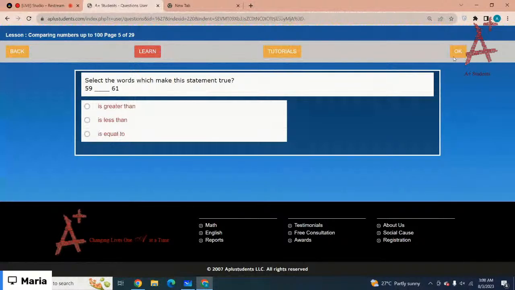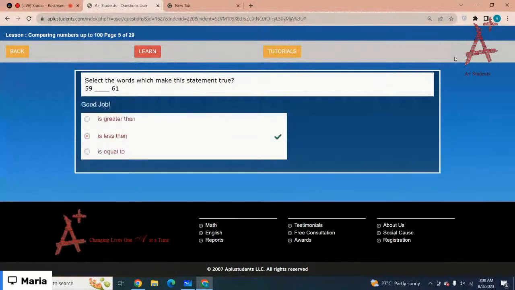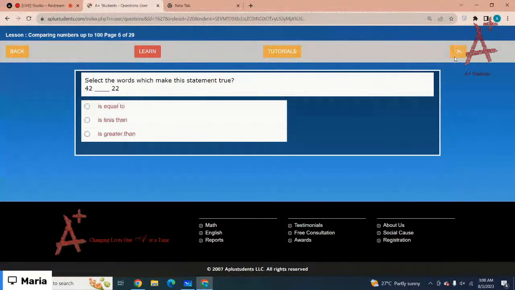When counting, 59 comes before 61. That means 59 is less than 61. Okay, select the words which make the statement true, 42 and 22.